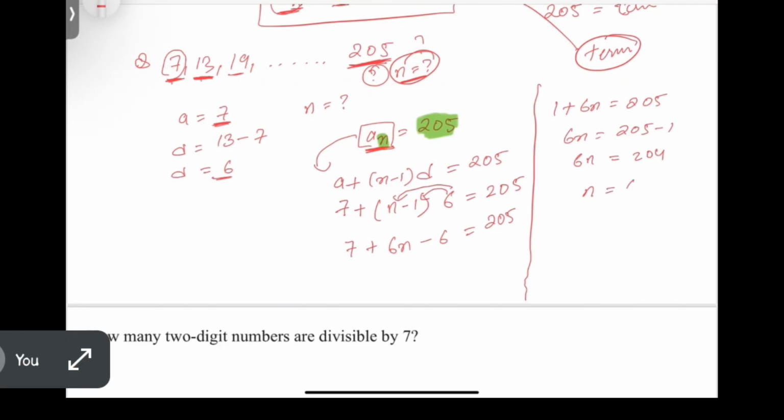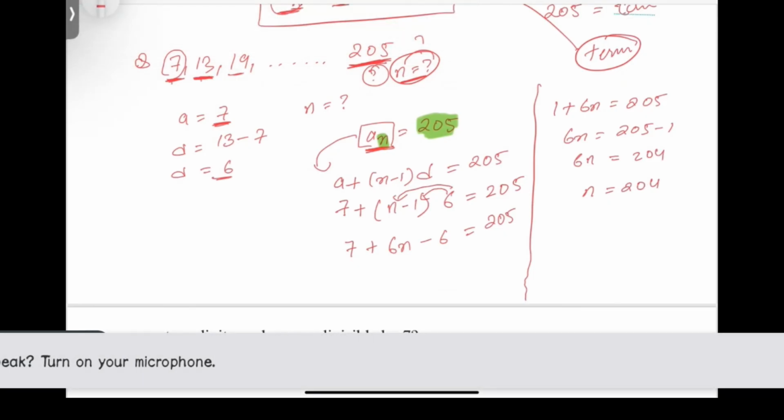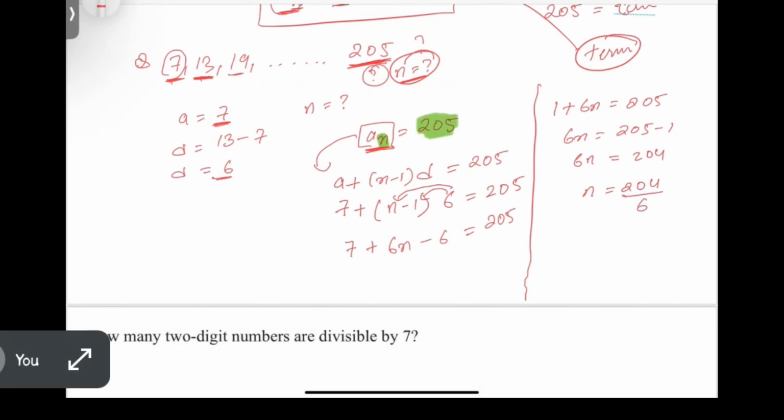N is nothing but 204 divided by 6. Why divided by 6? I told you in the previous class that if a number is with a variable, then that number will go in the denominator. So let's simplify this. 6 3s are 18, that means 24. 6 4s are 24, that means n is 34.